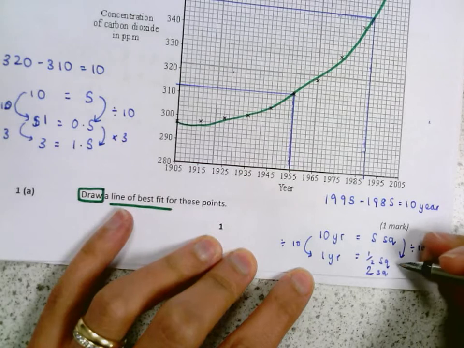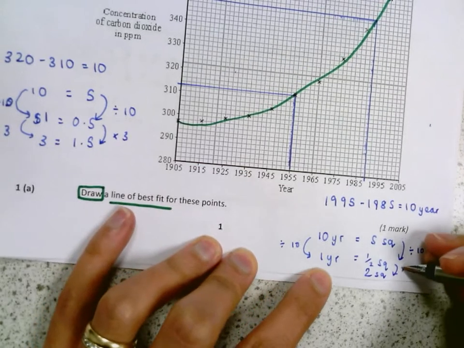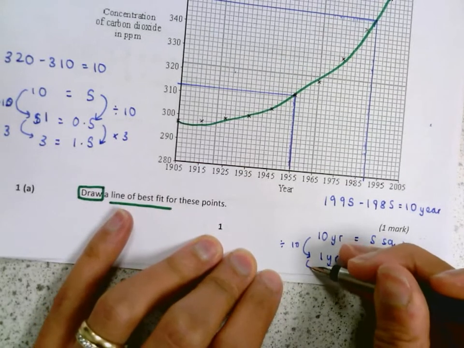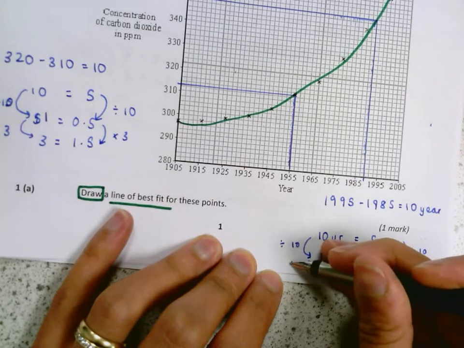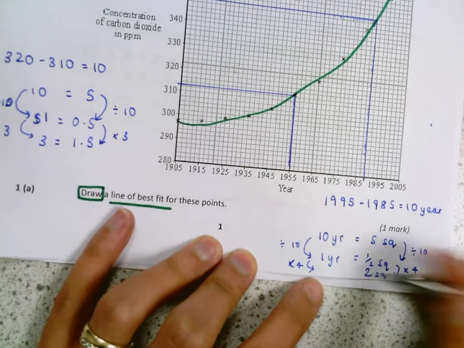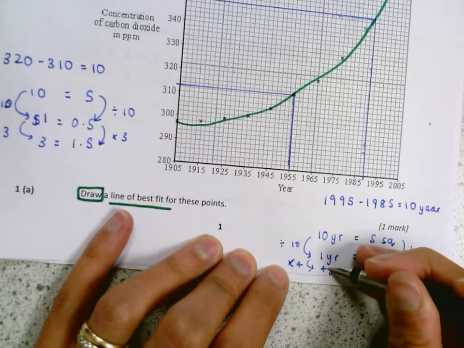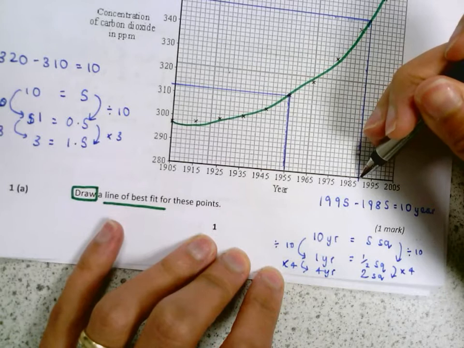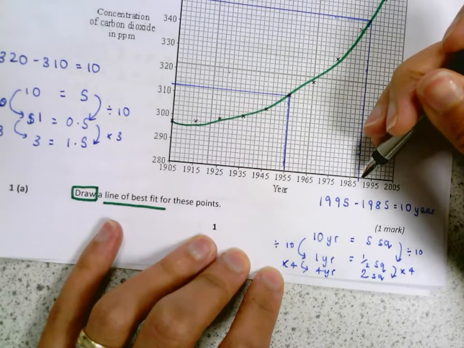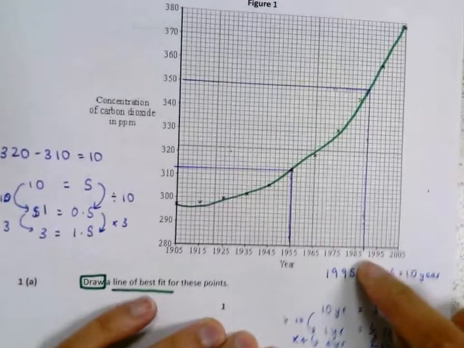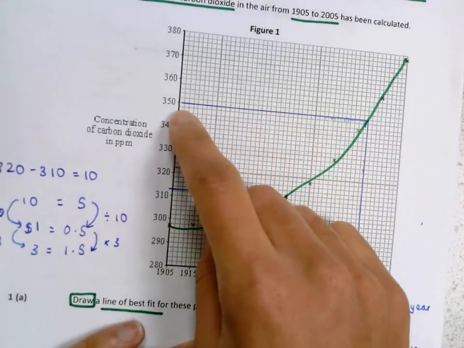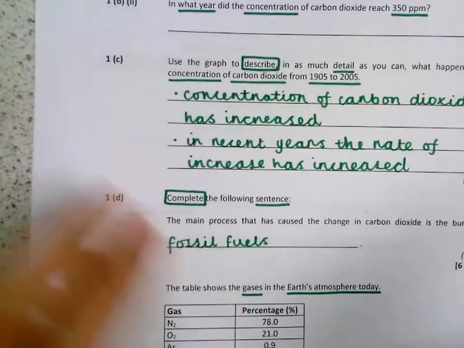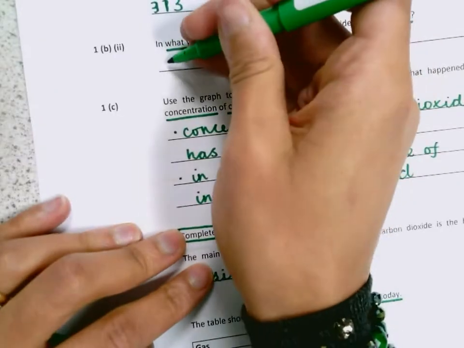Obviously you might get this intuitively, but this is for people who don't. So 1985, 2 squares along, add another 4 years, it's 1989. In 1989 the concentration of carbon dioxide was 350 parts per million. If you put 1988 or 1990, that will allow you to have the mark.